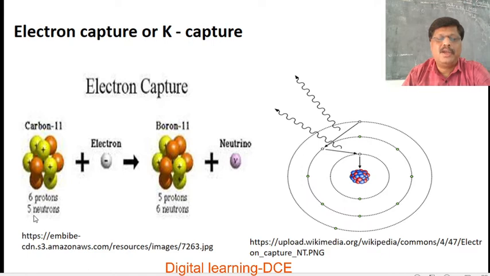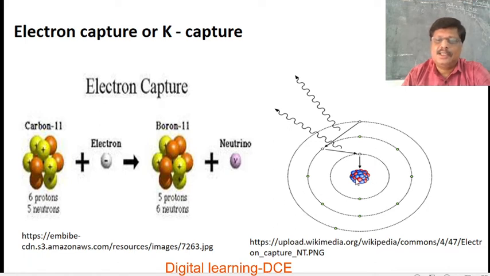So before, it is 6 protons and 5 neutrons. One proton is converted into a neutron, so 6 minus 1 becomes 5 protons, and 5 neutrons become 6 neutrons, with the emission of a neutrino or electron neutrino.